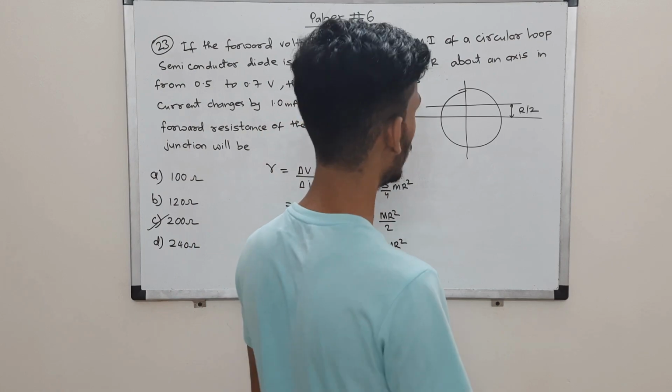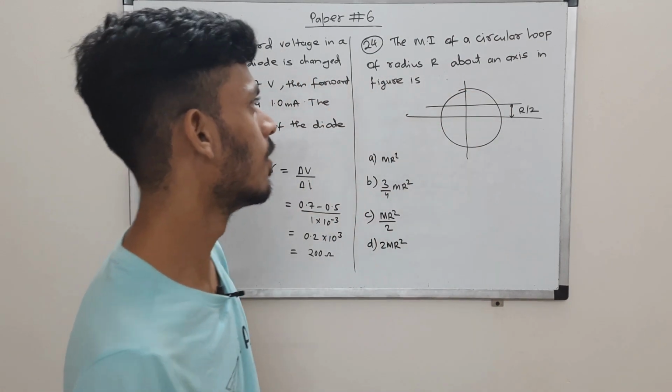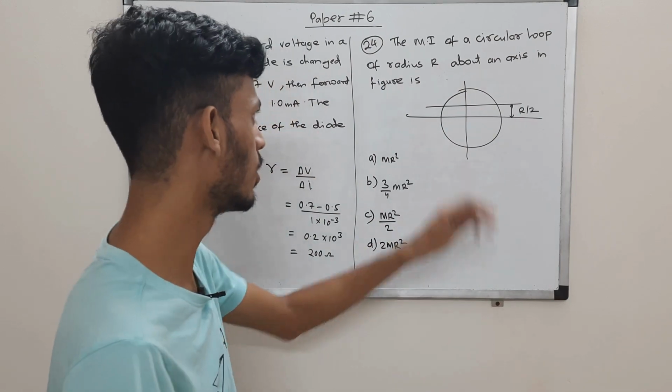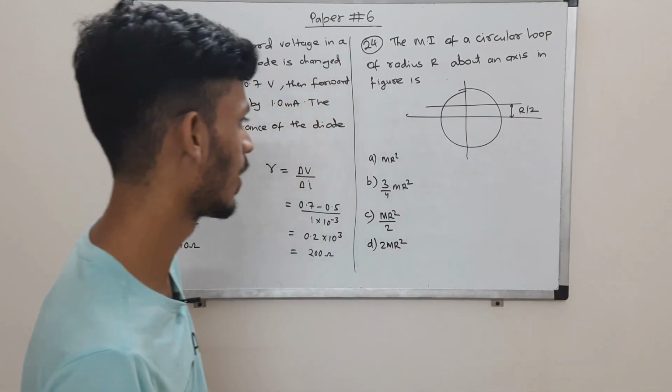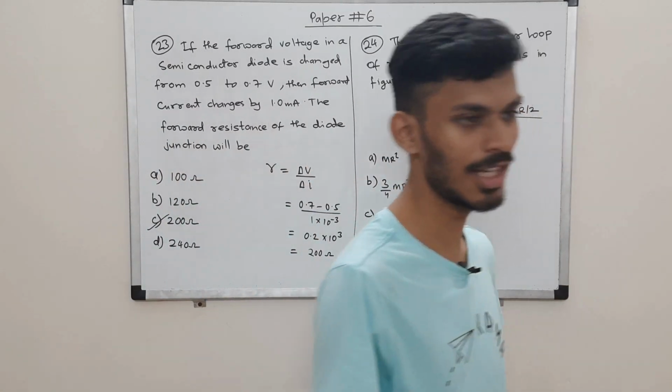We are supposed to tell the moment of inertia about this axis, which is at a distance r by 2 from this circular loop. This circular loop has a radius r as told. Here you are just supposed to use your parallel axis theorem.